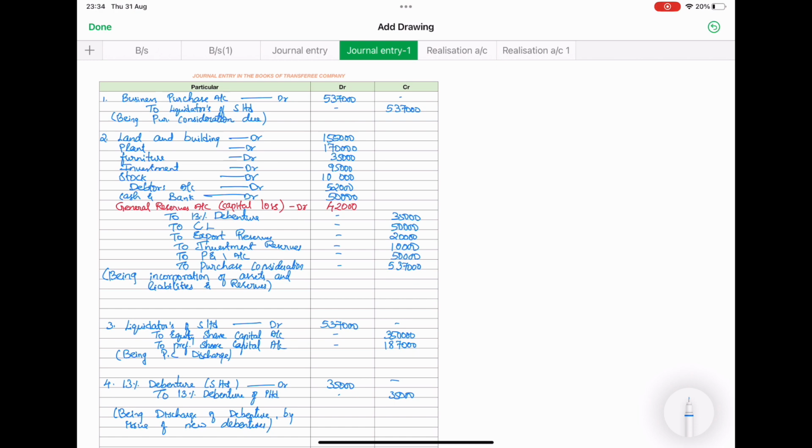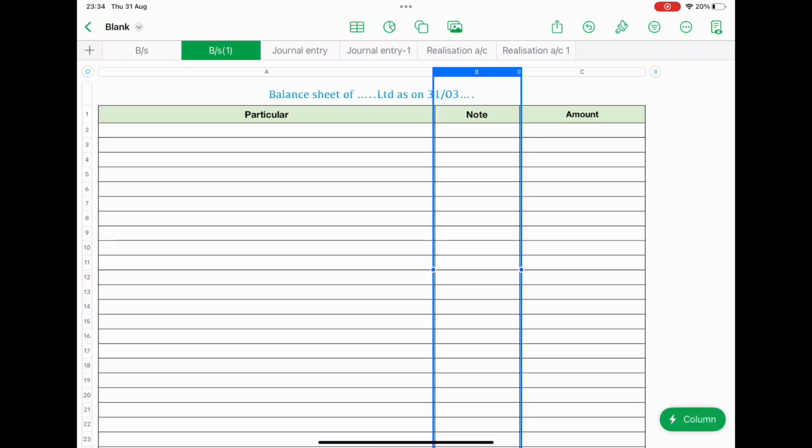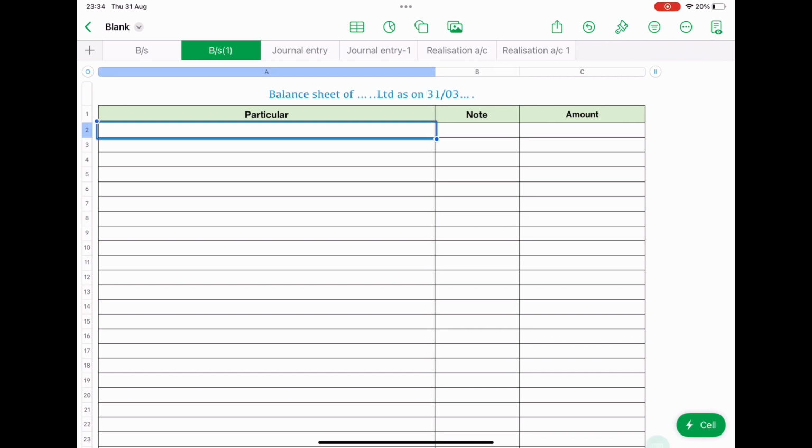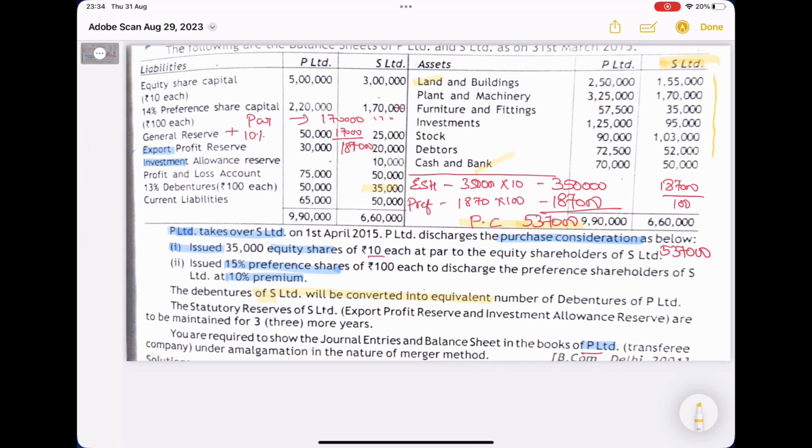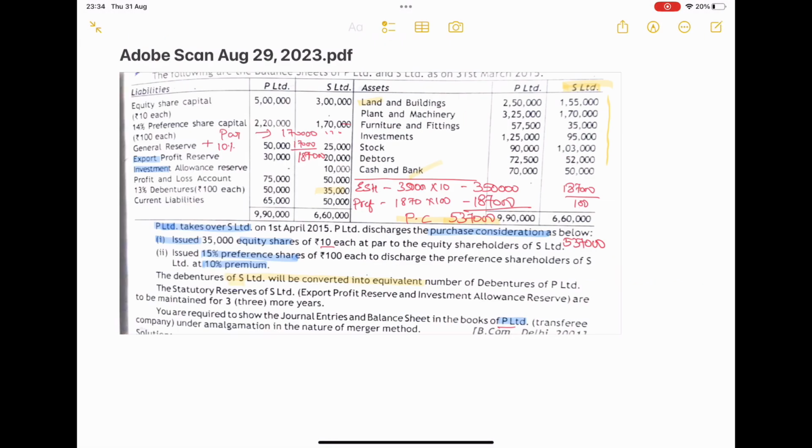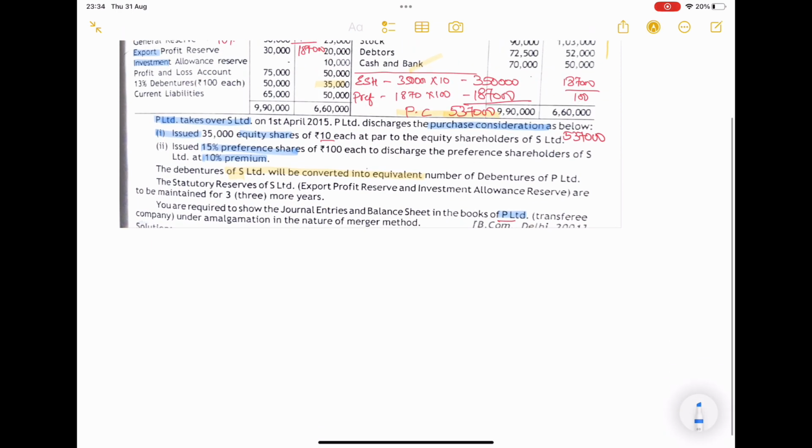So we have another question, that is part B. We are going to calculate balance sheet, isn't it? So how we are going to calculate the balance sheet? We have so many things, we have paid something, we have received something, isn't it? So for that purpose definitely we are going to do some working notes.